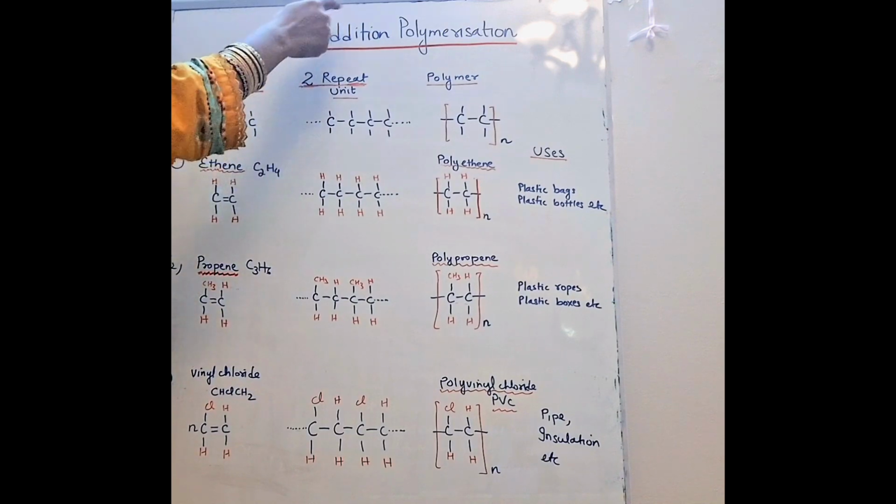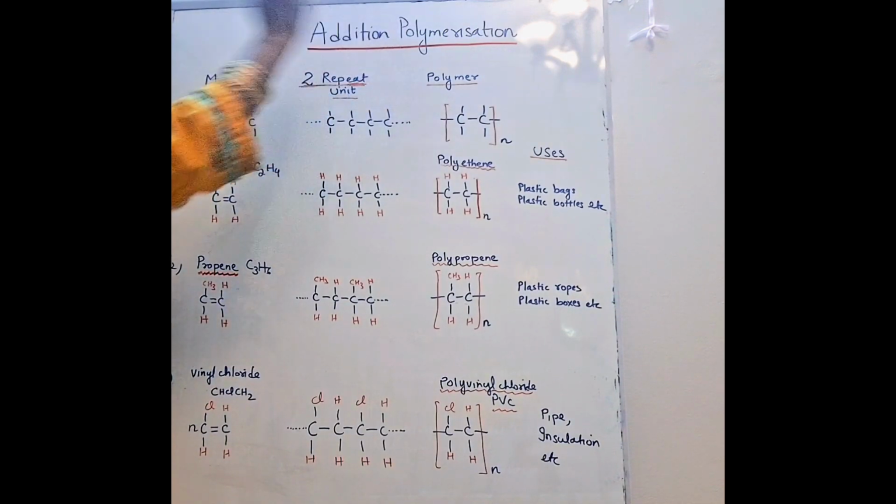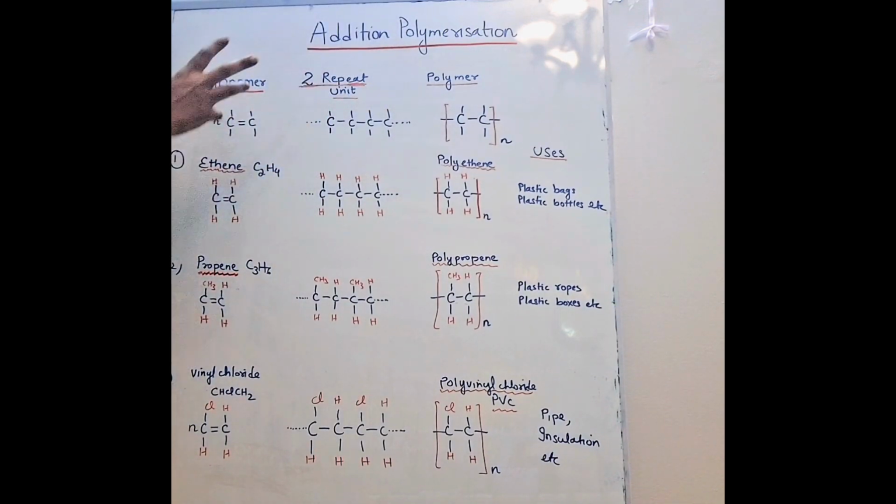Now, when we are understanding the addition polymerization reaction, we need to know the monomer, and for any addition polymerization reaction, the skeleton of the monomer will be like this. That means you can make any addition polymer by using this structure of monomer.